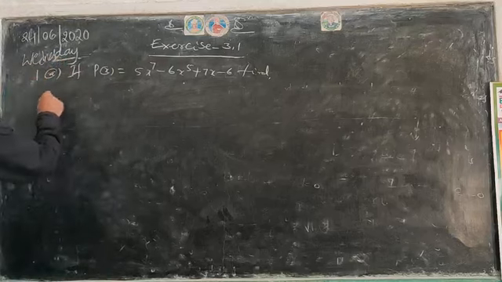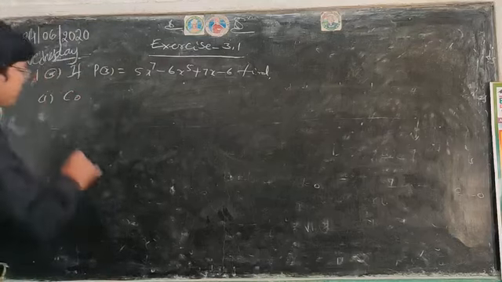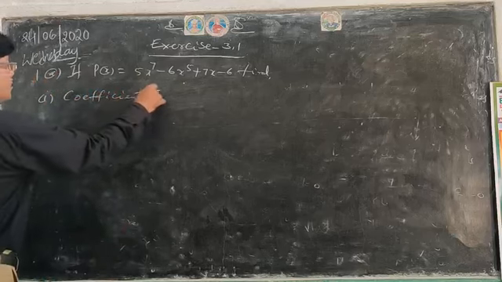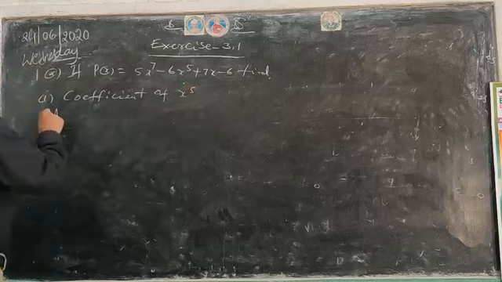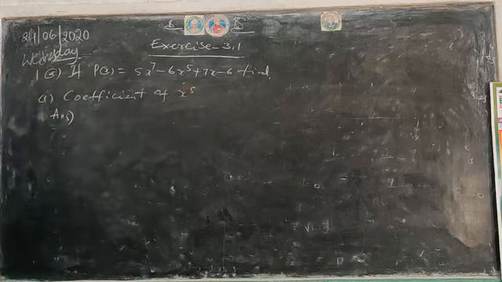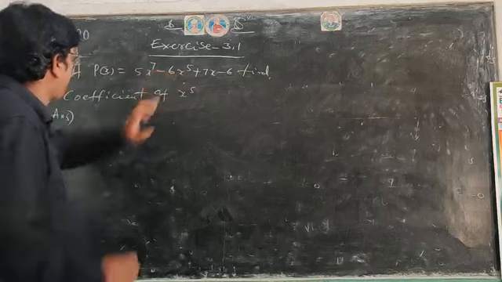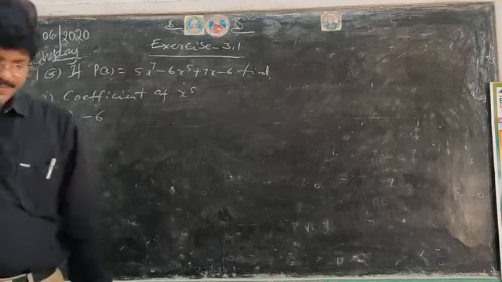Answer: what is the coefficient of x power 5? Minus 6. Minus 6 is the answer.